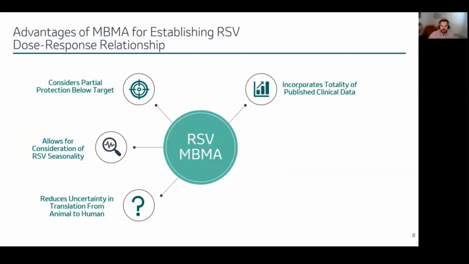MBMA is also considering the change of protection over time, which allows you to account for time-varying components like changes in seasonality, since RSV is a seasonal virus in most places. And lastly, MBMA provides you with a continuous protection curve rather than a single C-trough protection threshold, which might be derived through preclinical challenge studies.